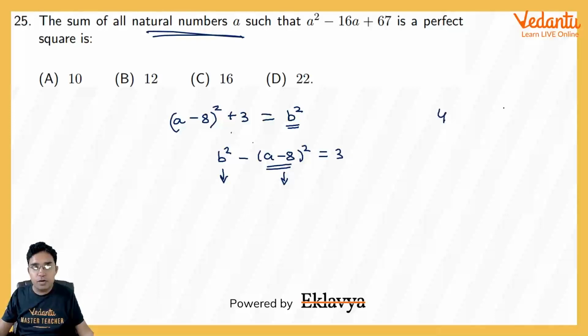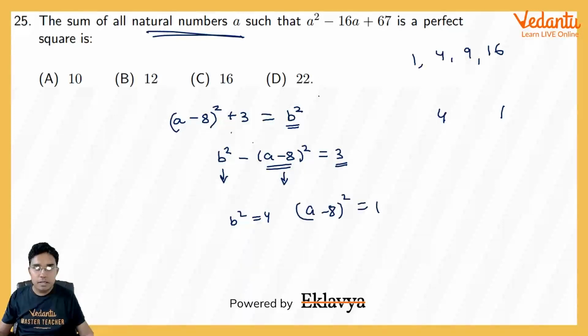One is 4, one is 1, isn't it? If you keep writing perfect squares 1, 4, 9, you can see the difference becomes more. So for this difference to be 3, B square has to be 4 and (A minus 8) whole square has to be 1. Then only there can be such a situation, otherwise there is no such possibility.